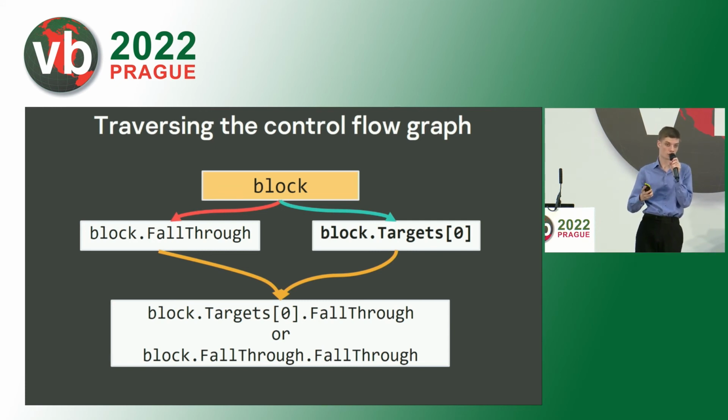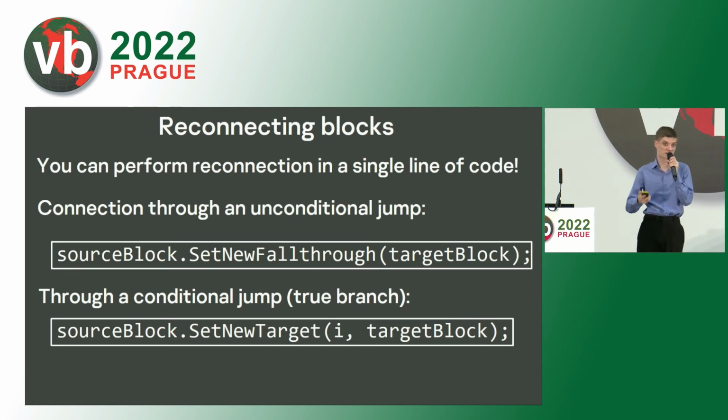It may correspond to a green arrow, a true branch of an if statement, or it may correspond to a switch statement. By exploring the graph through those fall-through and targets fields, we will be able to follow the arrows, traverse the graph in the order that we need, and visit every basic block.